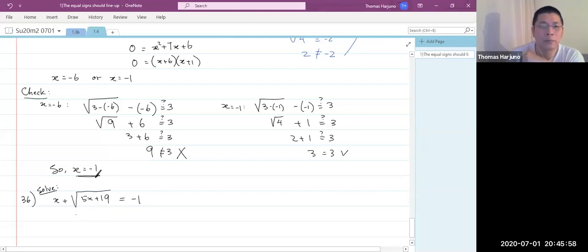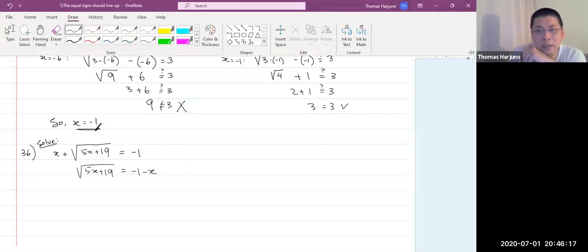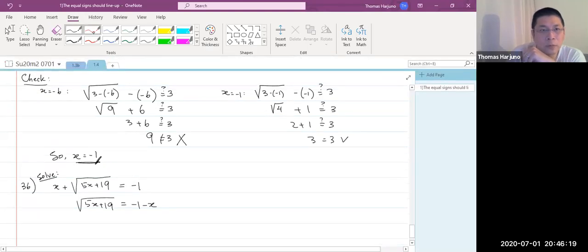Okay, let's work it out. I will move the x to the other side first, so it becomes -1 minus x. So we don't know if the right-hand side is positive or negative. It seems like it is negative, but please be aware that if your x is negative, say your x is -6, it becomes positive.